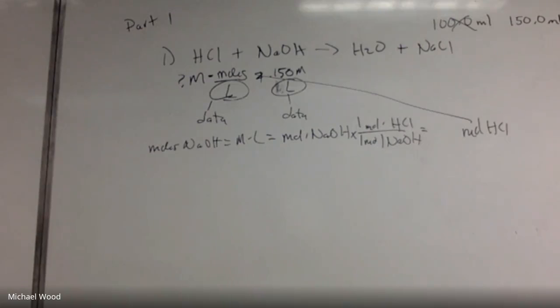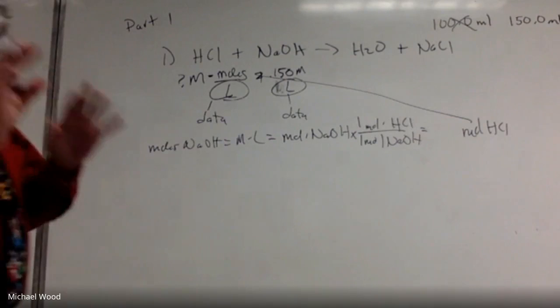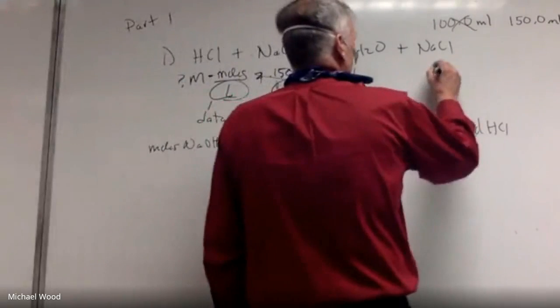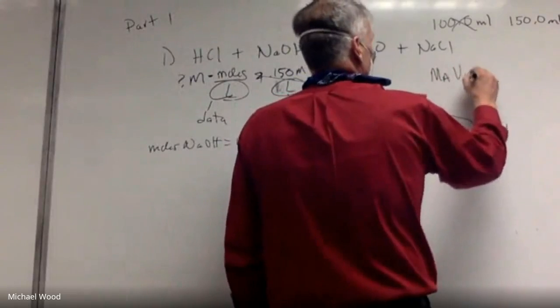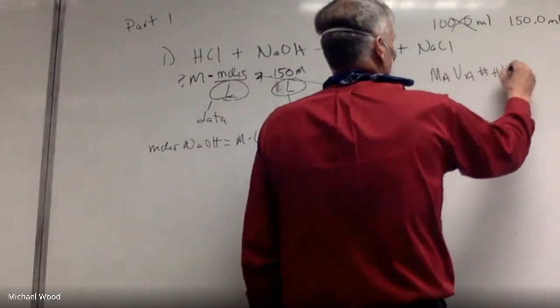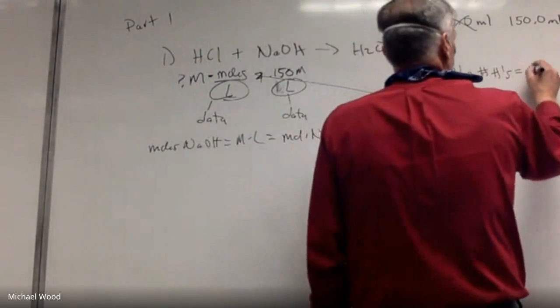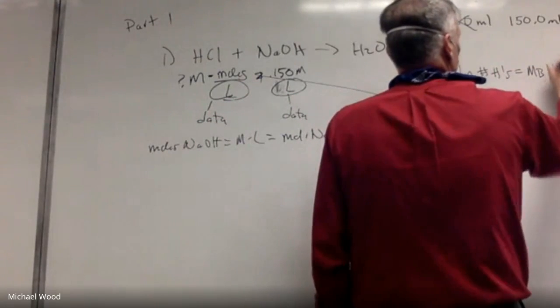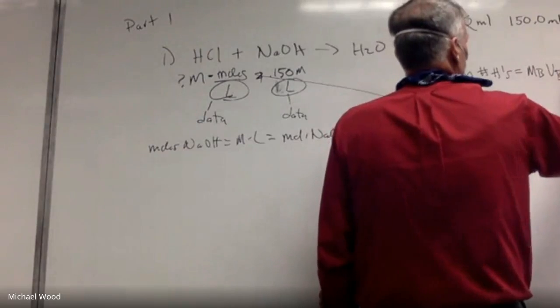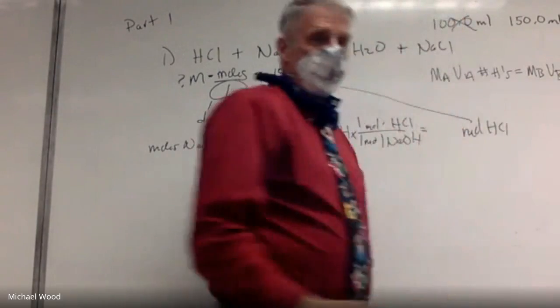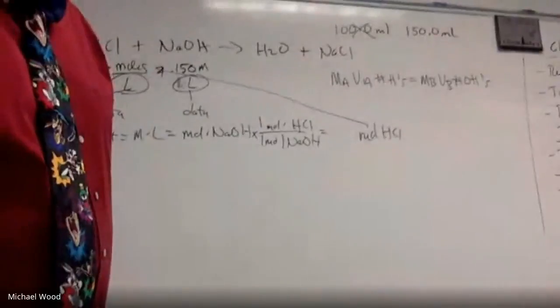But another way you can do this is the old neutralization equation. We should get the same answer. So Ma, molarity of the acid, volume of the acid, the number of H's, Mb, molarity of the base, volume of the base, and the number of OHs. Okay, so we can use that.